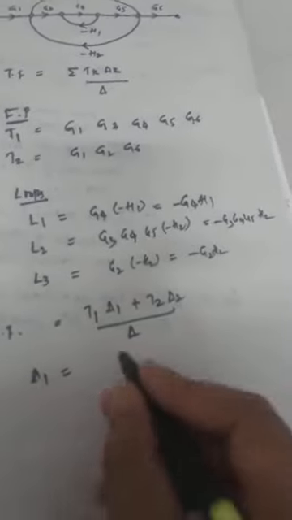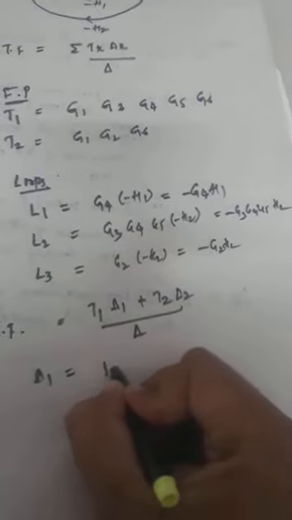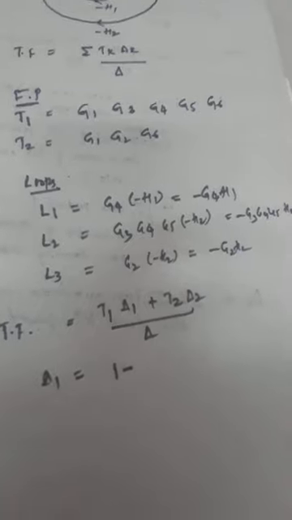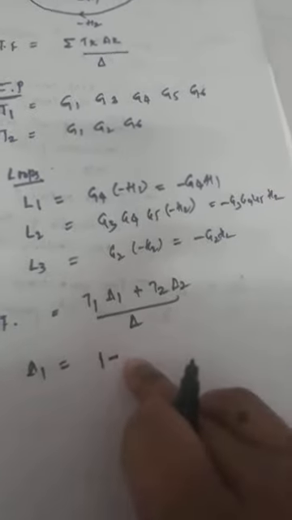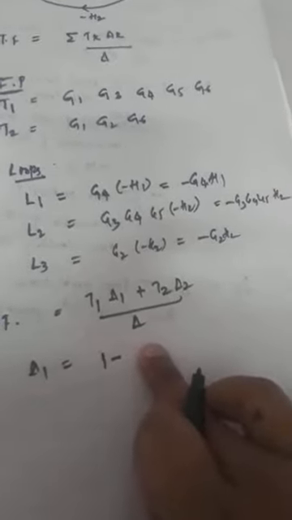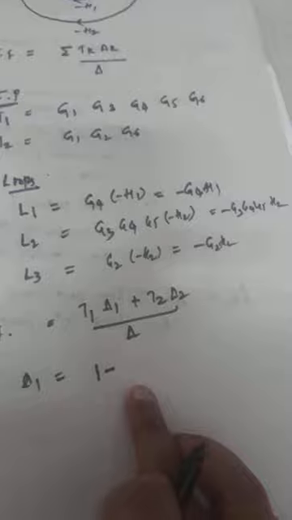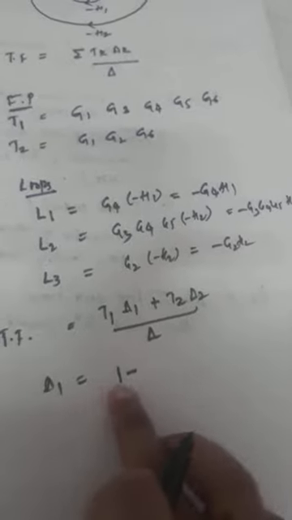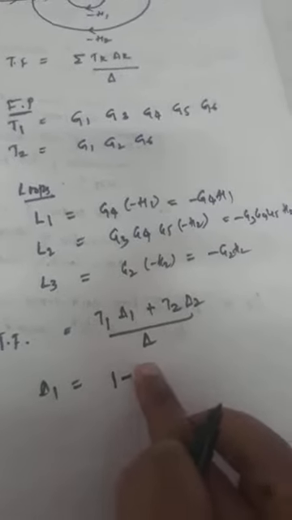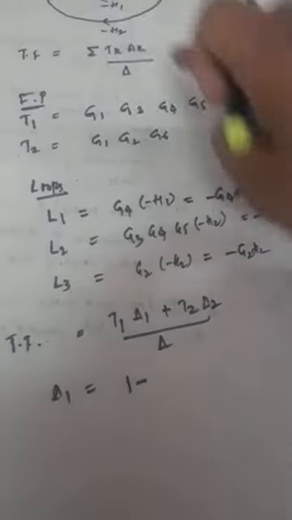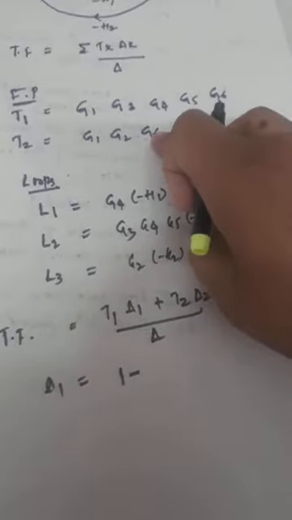Delta 1 is equal to 1 minus, and you should write the loop which is not touching the first forward path.